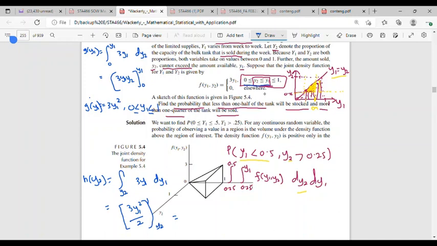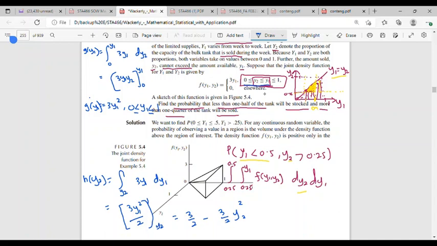Okay, first we get 3 over 2 minus 3 over 2 y2 square. Right? So this is the function for y2: 3 over 2 minus 3 over 2 y2 square.